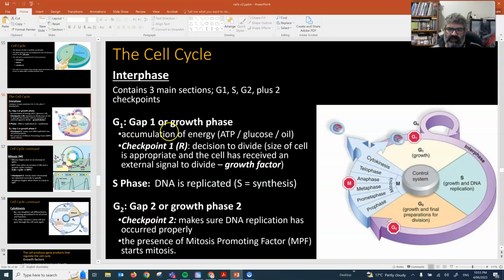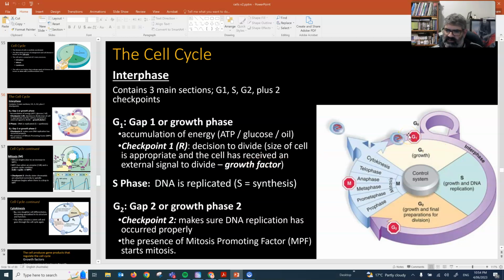The first checkpoint is in the gap 1, G1, or growth 1 phase. That's where the cell will stop until it's accumulated enough energy in the form of ATP or glucose, and it has received external signals in order to divide, and that signal comes in the form of growth factor.